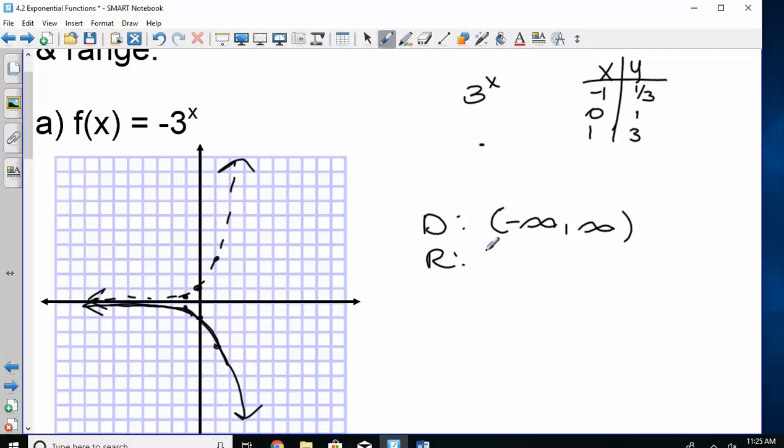Range here, we are hitting... so because of the reflection, my range did change. Any questions there?